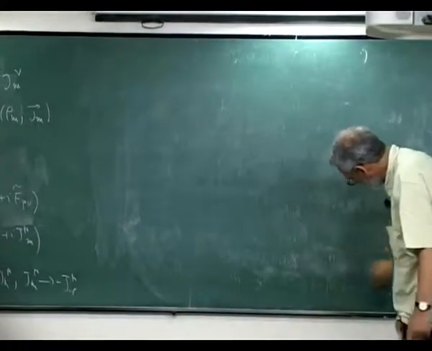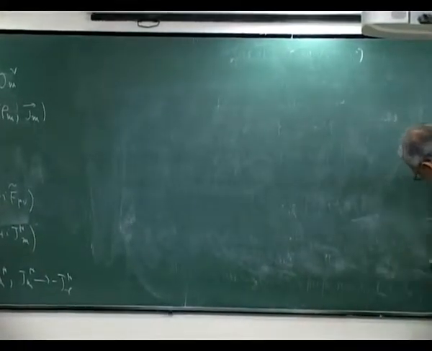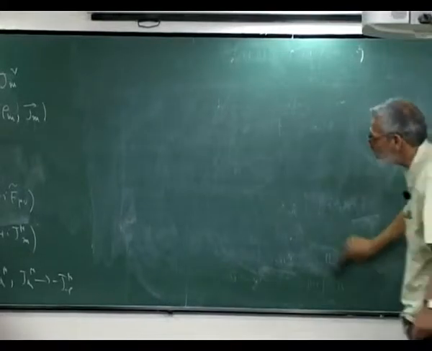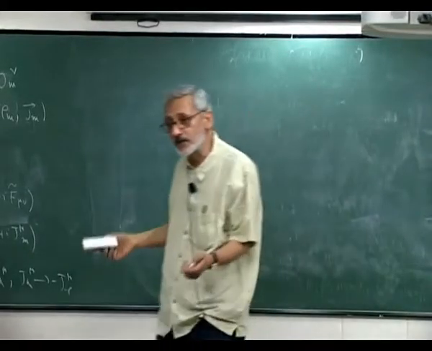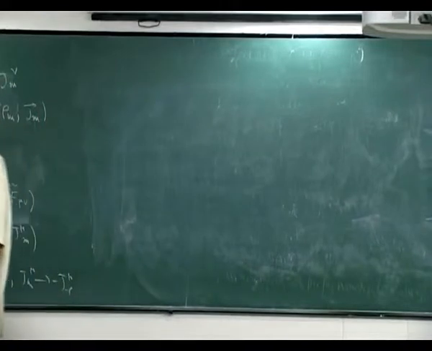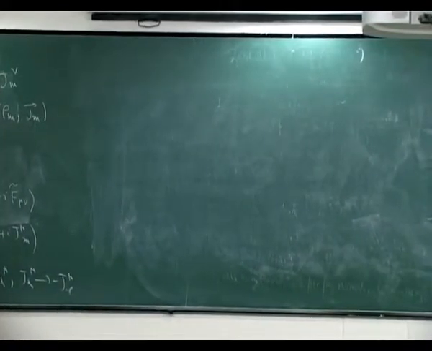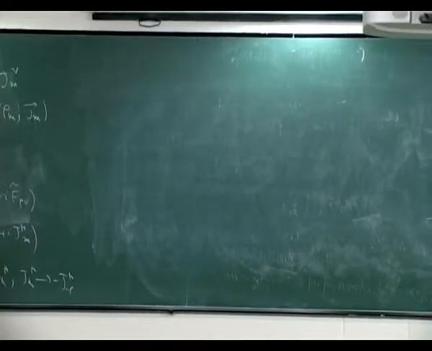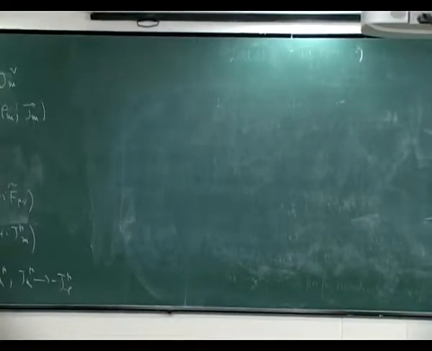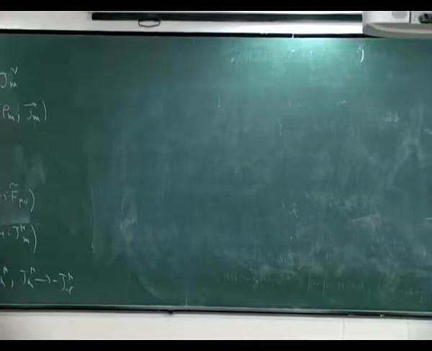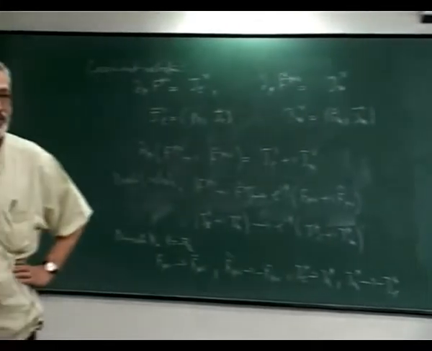So if this description has to have a meaning, then we will say that maybe there are magnetically charged particles in nature, but we have not seen them so far. Perhaps they are very heavy, so they have escaped detection.